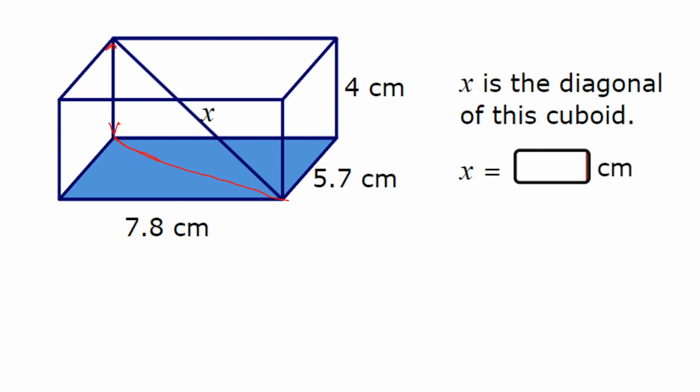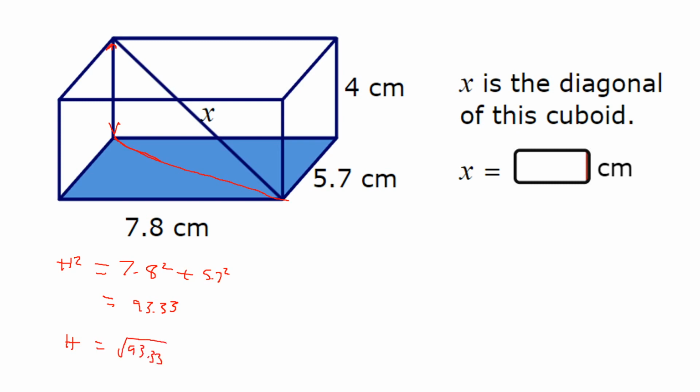So now let's find out what this red length here is. h squared is going to be the same as 7.8 squared plus 5.7 squared, which is the same as 93.33. So then h is just going to be the square root of that.